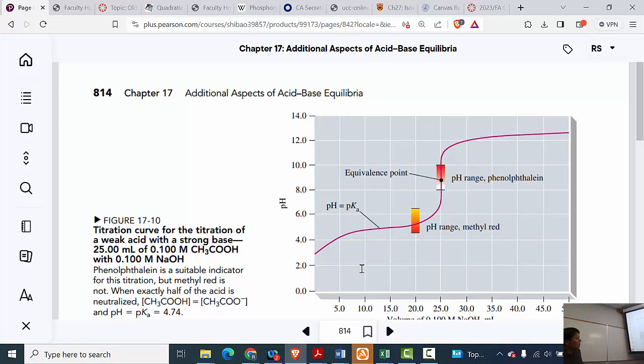And so in this region here, we call this the buffer region. The buffer region is going to be pKa minus 1, about 3.4 here, to pKa plus 1, and then it's flat enough. And so this buffer, if we had an optimum pH of about 4.4, then the buffer range would be about 3.4 to 5.4. And then that would be its good usable range.